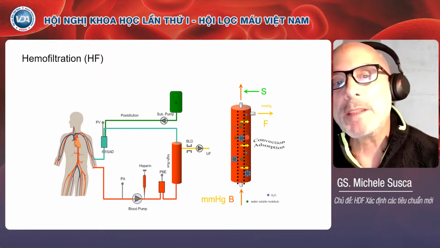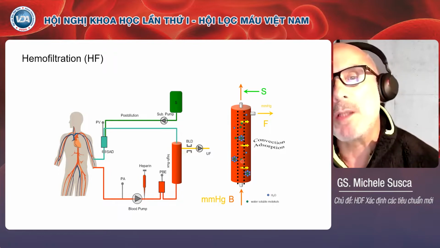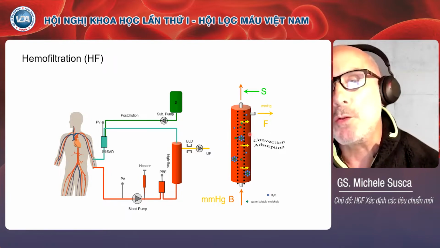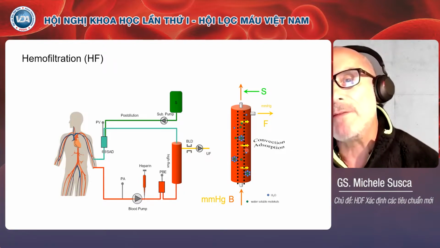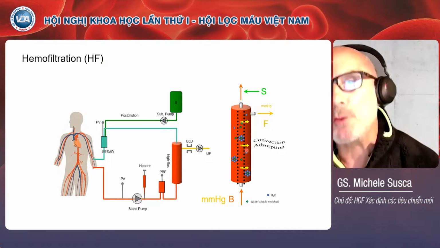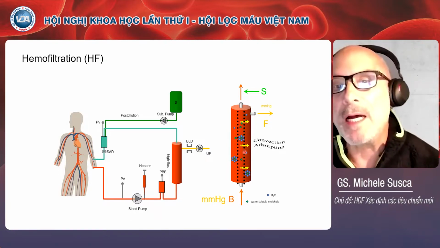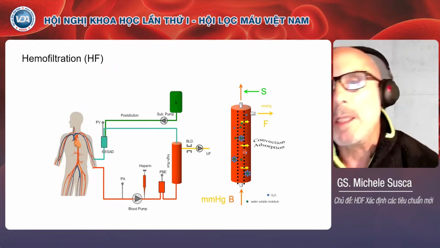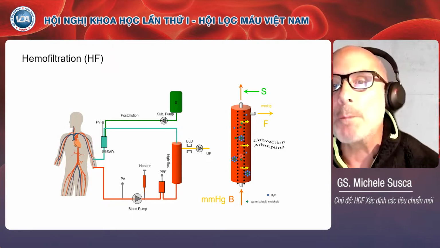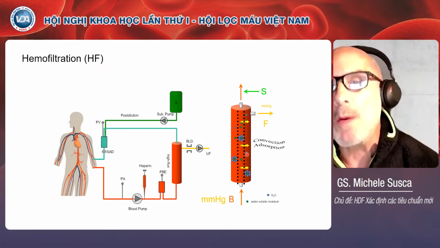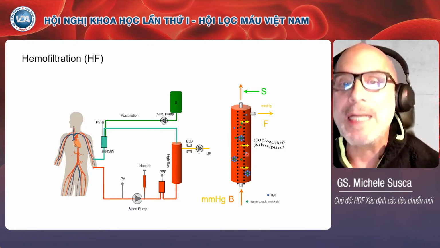Since in these treatments we need high permeability due to the high ultrafiltration, we use high flux filters, and high flux filters are usually synthetic membranes. These synthetic membranes also have a thick wall, and this thick wall increases the adsorptive area inside. So we have in such filters also a good adsorptive clearance.